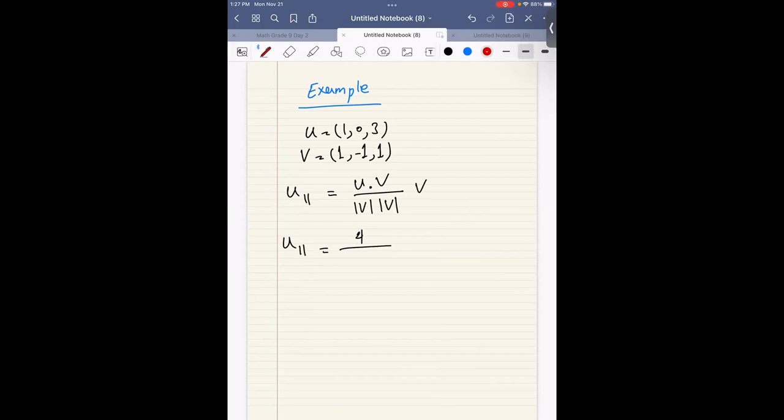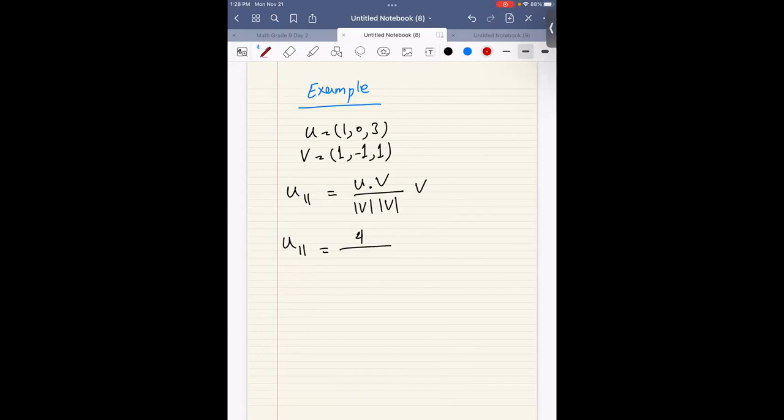Before doing that, just tell me what is the magnitude of v here. Forget about dot product. What is the magnitude? Root 1 plus 1 plus 1. Yeah, square root of 3.